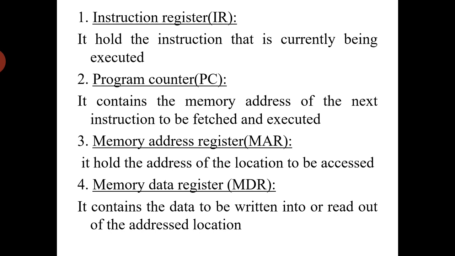So the address register stores the address of the location which is accessed from the memory, and the memory data register stores the data, which may either be written into the addressed location of the memory or read out from the addressed location in the main memory. Okay, so these are the instruction register, program counter, memory address register, and memory data register.